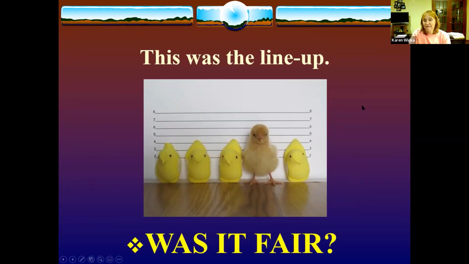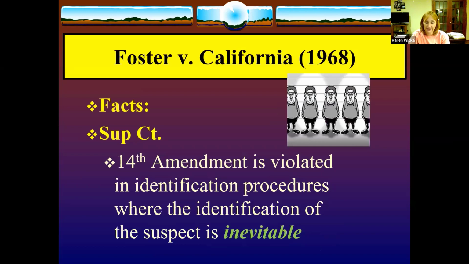So is this fair? Do you think if this is the lineup, this is fair? Well, of course not, right? Because they're not living things. So you have to not only determine if the witness is reliable, you also have to look at the procedures used by the police and make sure those procedures were fair.